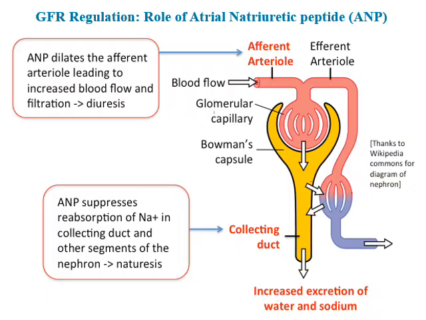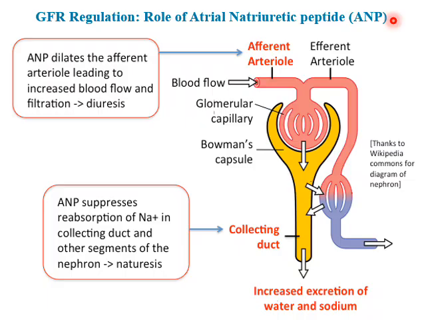It works to lower blood pressure and increase urine formation through the increase in GFR. It is released by the atrium of the heart in response to high blood volume and pressure.